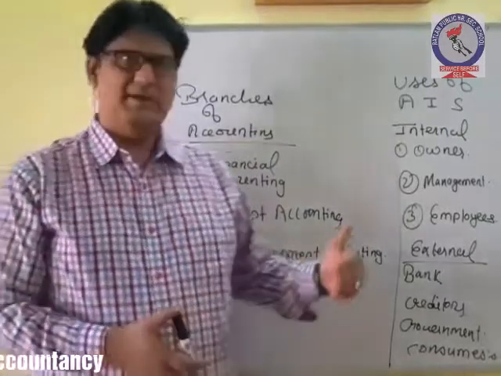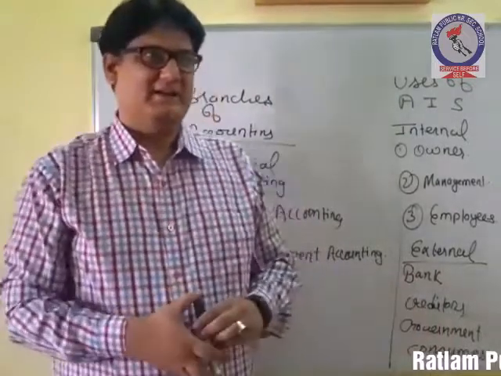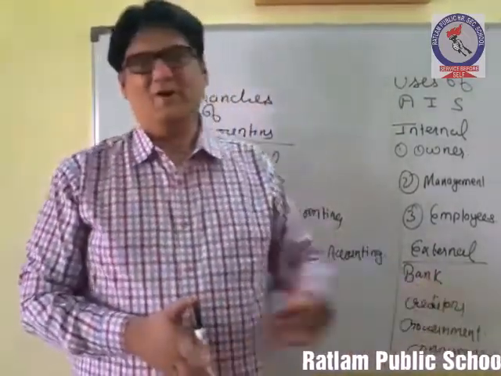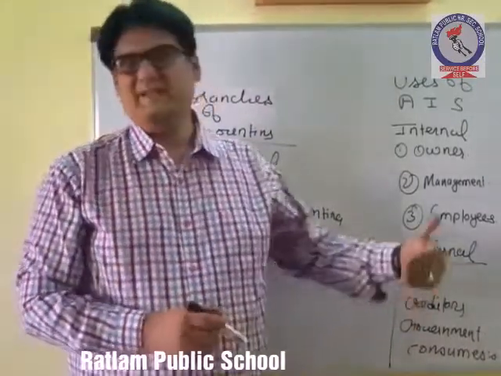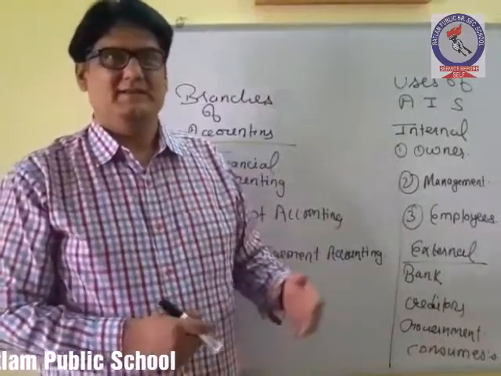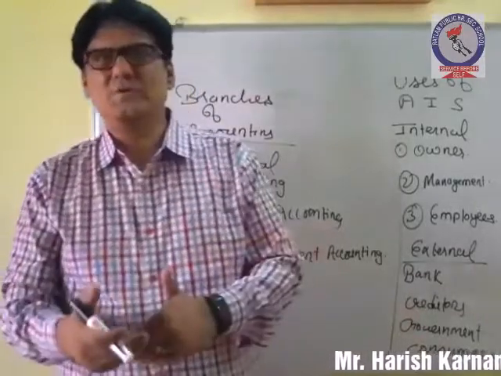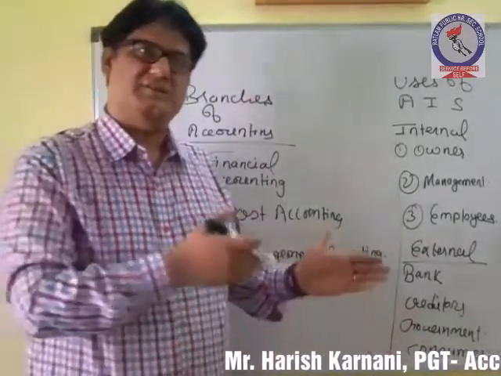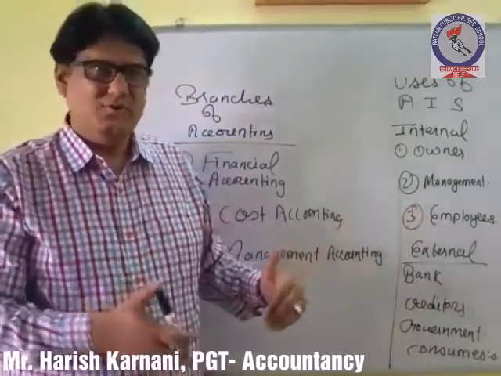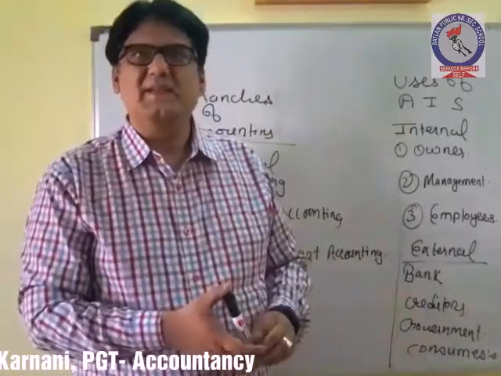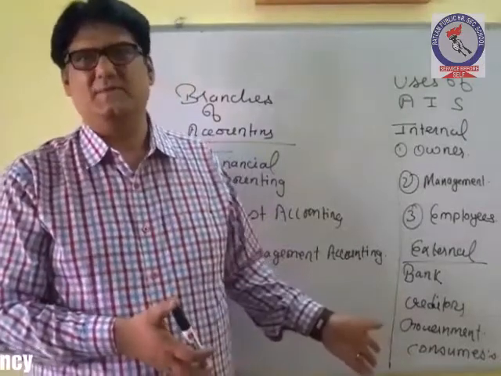But if something is going wrong and they can assess that the company will not survive for a longer term, they have to change their habits of using those goods, and so they want to switch over to another good, or decide whether they should stick with the goods which are already being produced by the company. So in order to see the solvency of the company, they make use of this information system.